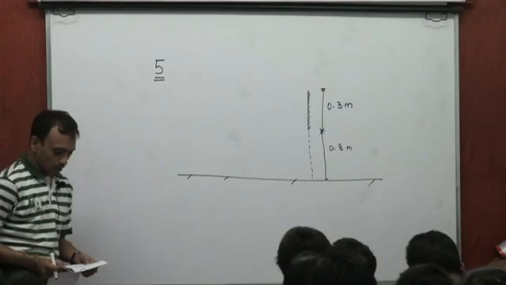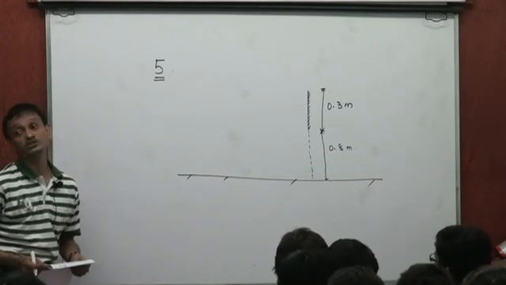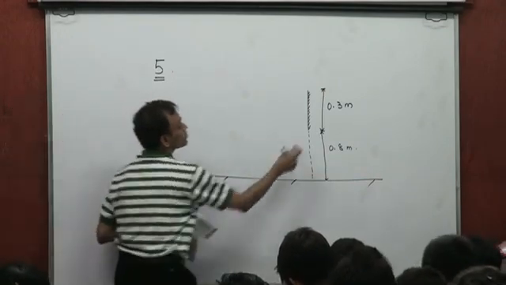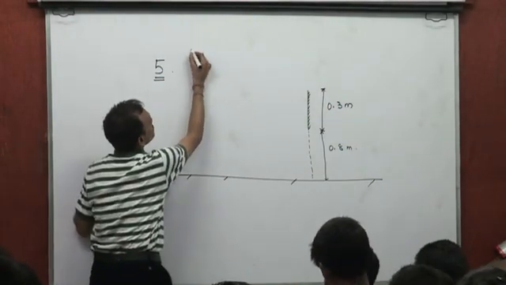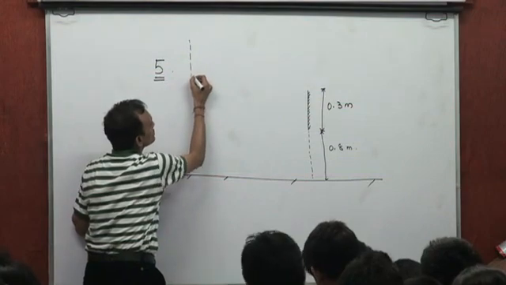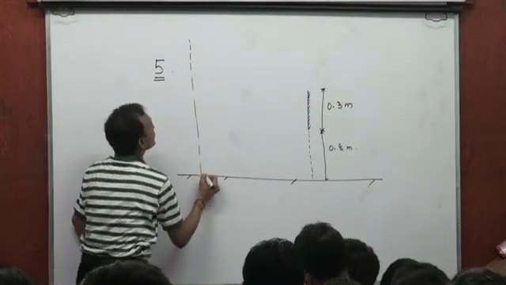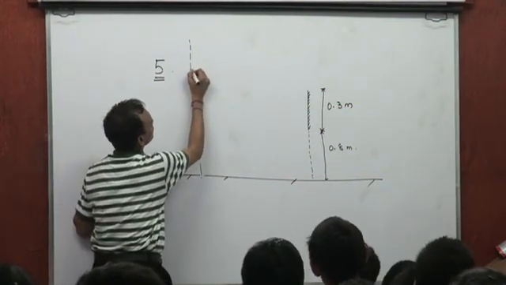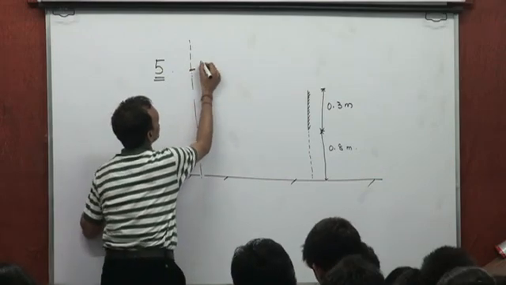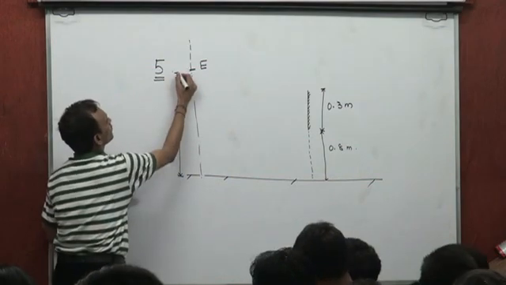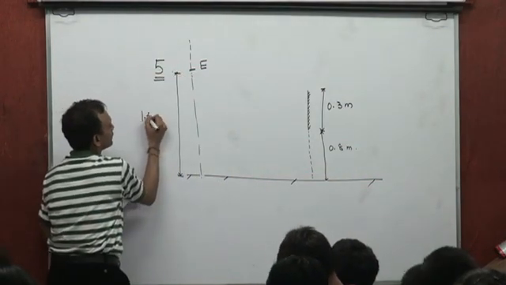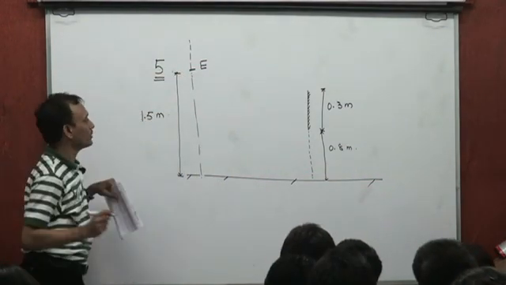The person's eye level is 1.5 meters above the ground, right? So higher than this is 1.5. So the eye level of the person is somewhere here, which is like 1.5 meters.